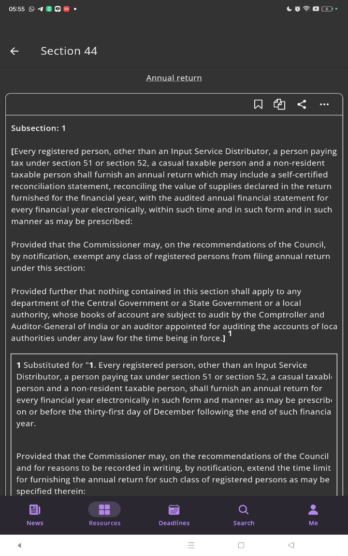Provided that the commissioner may, on the recommendation of the council, by notification, exempt any class of registered person from filing the annual return under this section.